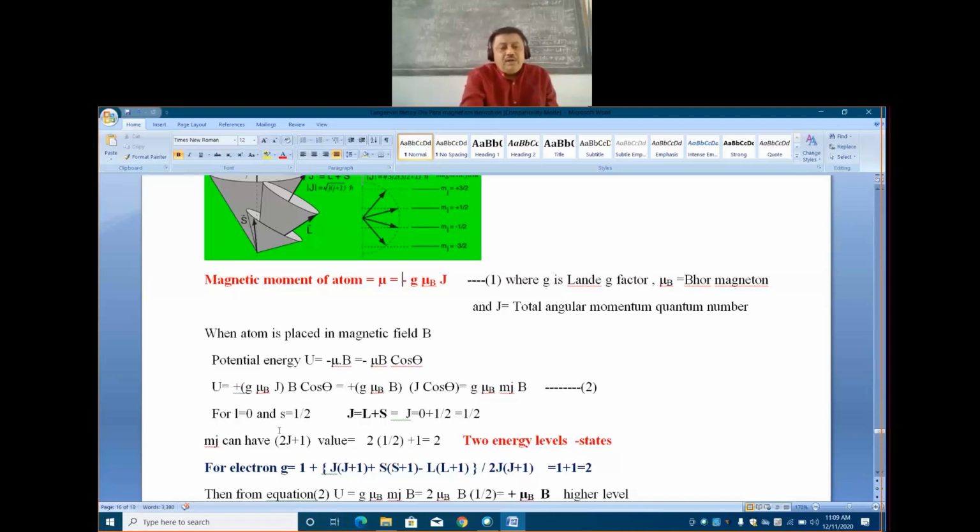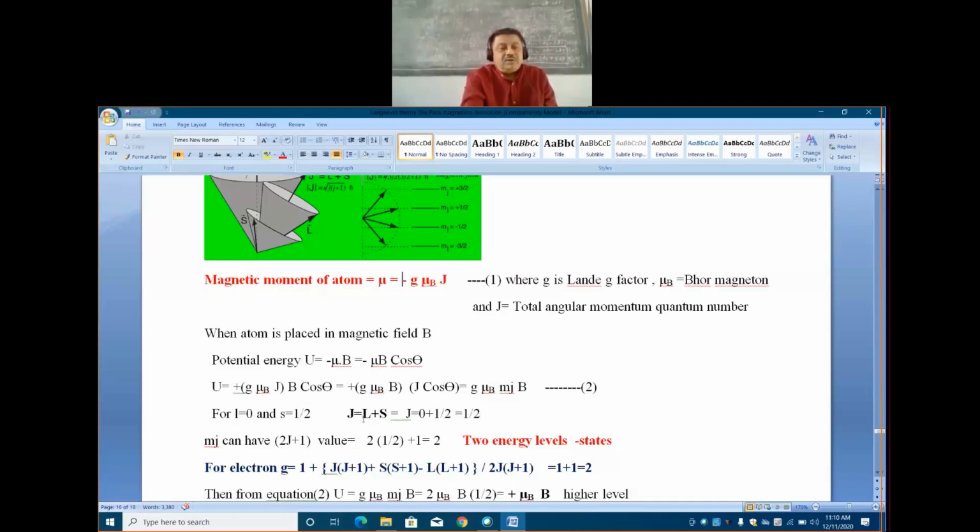Now, for L is equal to 0, S is equal to half. J is equal to L plus S. If you substitute L is equal to 0, S is equal to half, J will be 1 by 2.